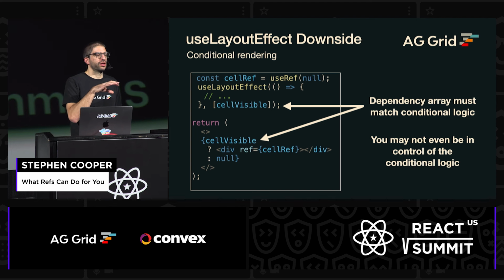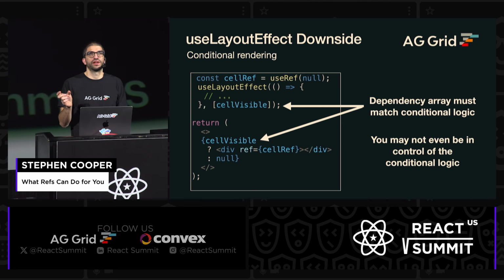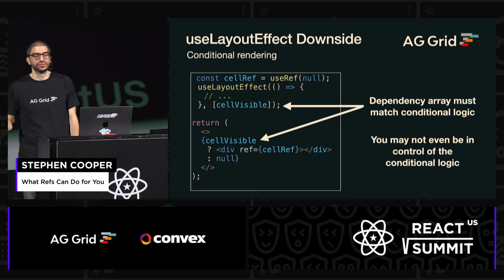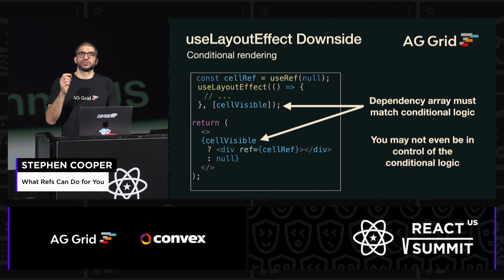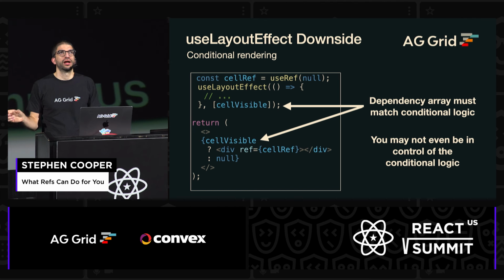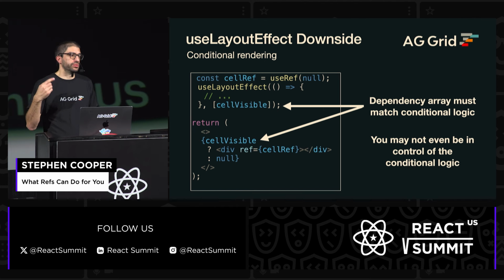So if in the initial rendering of this component the cell visible flag is set to false, that div is not going to be mounted, but our useLayoutEffect is still going to run. If at some point we then say this cell should now be visible, we have to make sure that we have our dependency array matching the conditional output, because we need to rerun this layout effect to be able to then access that div and do whatever code we want to do.